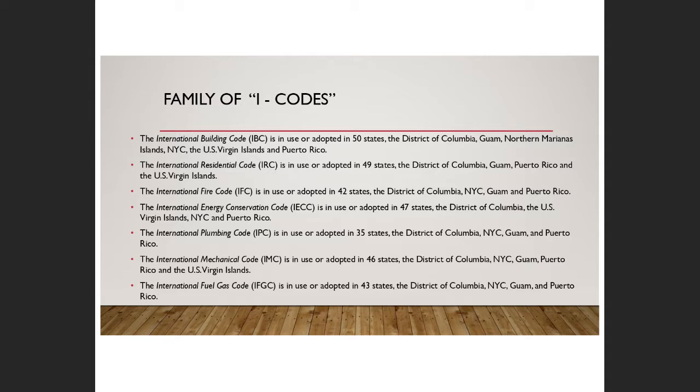Sure. The codes are all meant to fit together. I would say that the IRC, or the International Residential Code, is going to be, generally speaking, a standalone document, because building a house is less complicated than, say, building the Sears Tower. I would have to go back and look at the IBC, or the International Building Code.